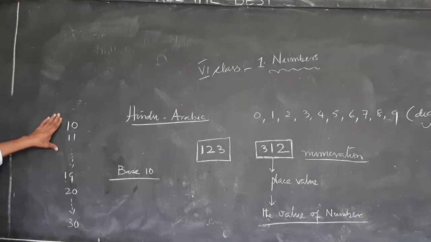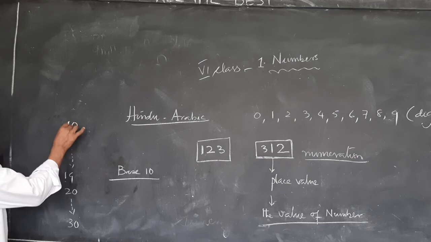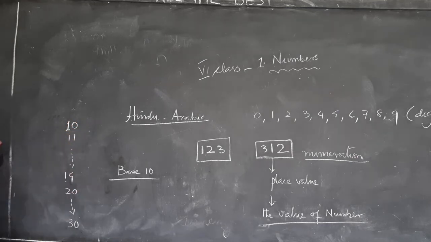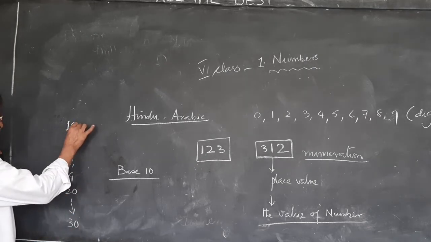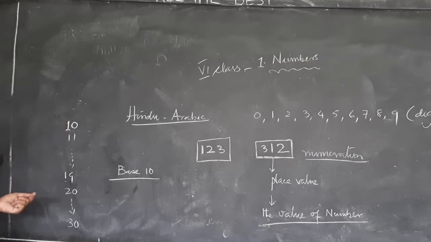Now, let us discuss the structure of these numbers. Suppose you have taken 10 matchbox sticks and count them. It is 10. Make a bundle.